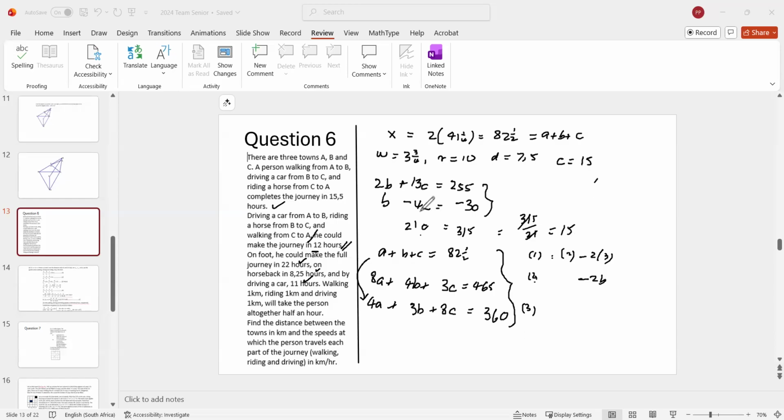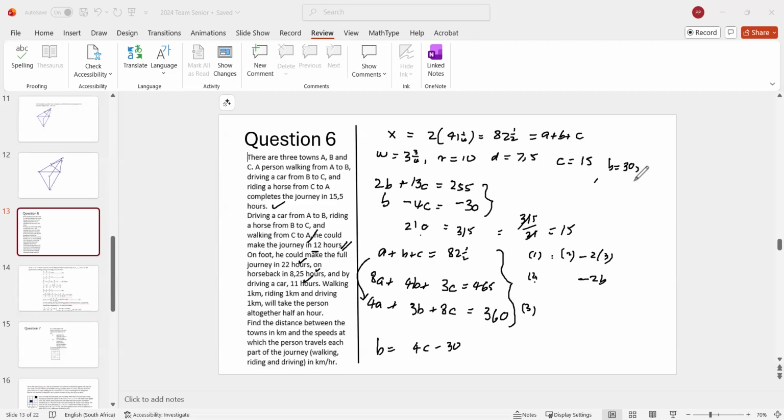Now you can substitute for C in this equation here to get B. B is equal to 4C minus 30. From here, C is 15. So 15 times 4 is 60. 60 minus 30 is 30. So B is equal to 30. And now you know that A plus B plus C is 82 and a half. So these two are 45 together.